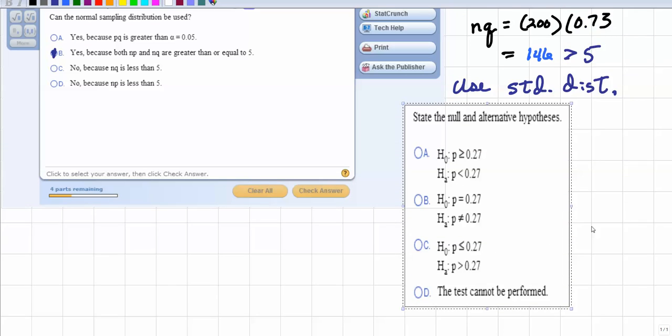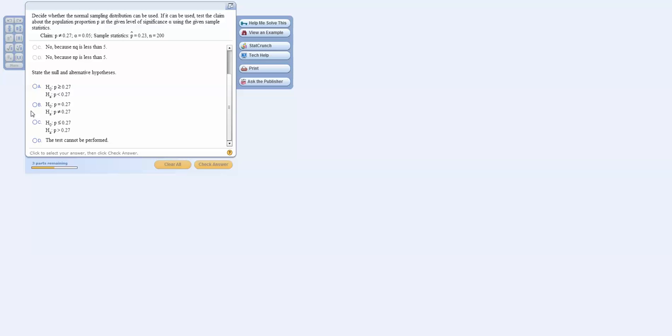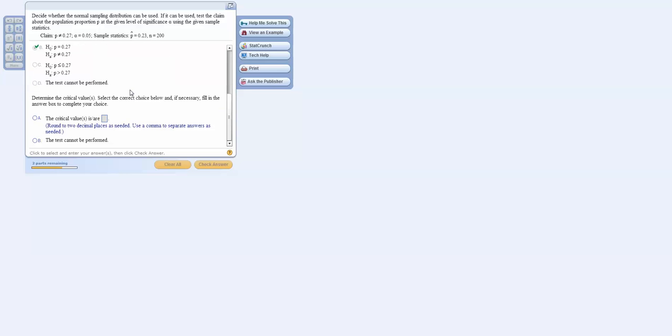And so we are going to state the null and alternative hypotheses, which in this case, if my claim is p is not 0.27, there's only one option out of this, and that's going to be option B. The null hypothesis will be that p is equal to 0.27, and the alternative hypothesis will be that p is not equal to 0.27. So we left click choice B, check answer, and move on to the next part of this.